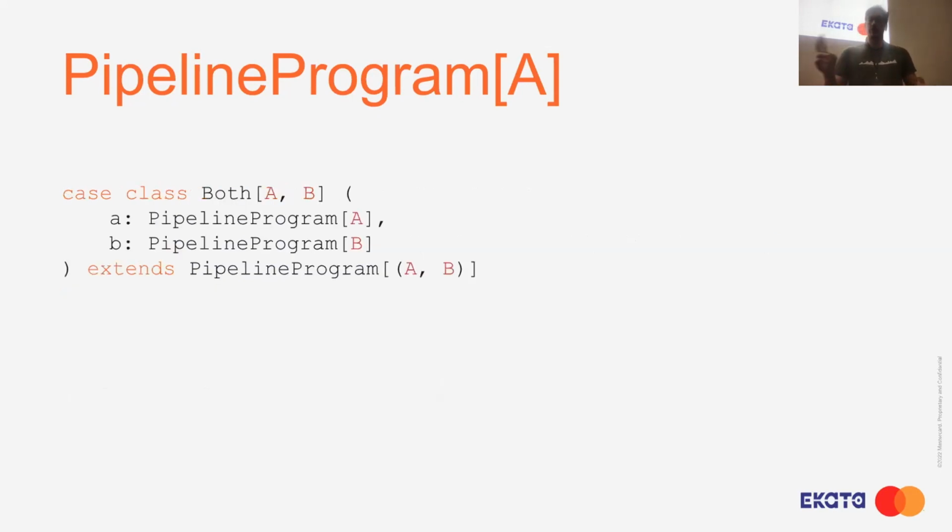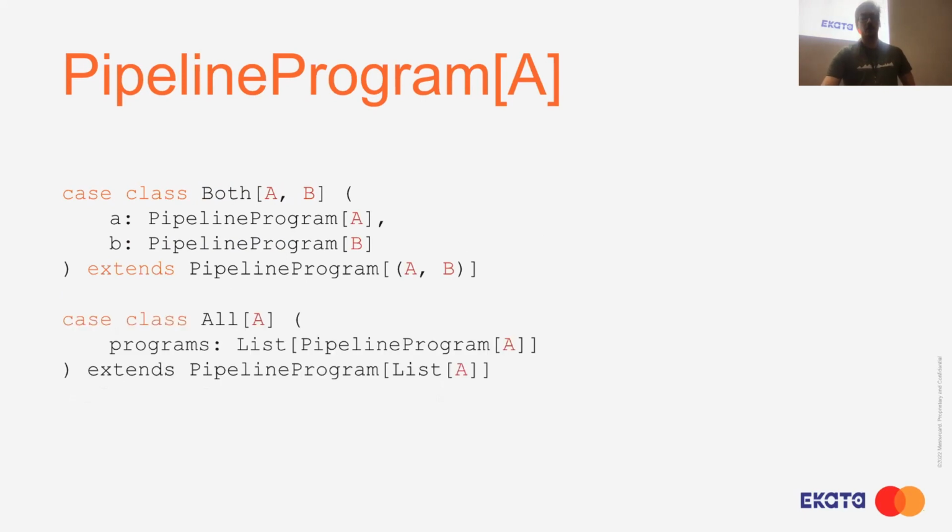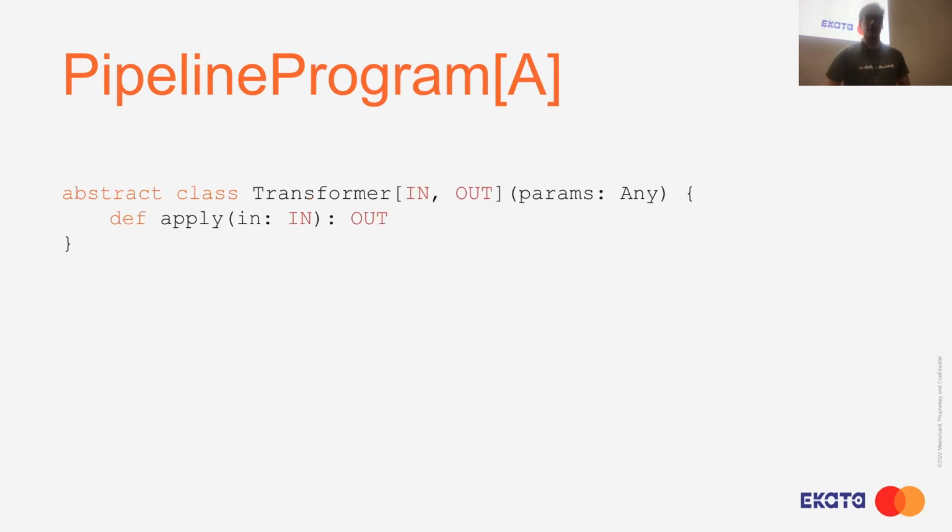We identified two use cases. One is Both, which just takes a PipelineProgram of A and a PipelineProgram of B, and then creates a tuple from them. And All, which takes a list of pipeline programs and creates a PipelineProgram of List of A. But of course, the interesting part is how do you go from PipelineProgram of A to B? And for that, we will need two things. The first is a Transformer, which is very creatively named.